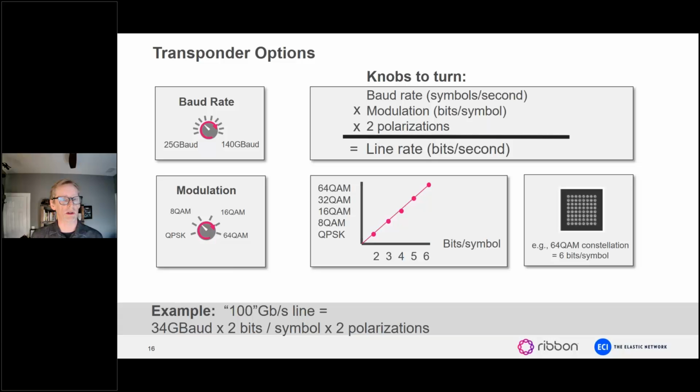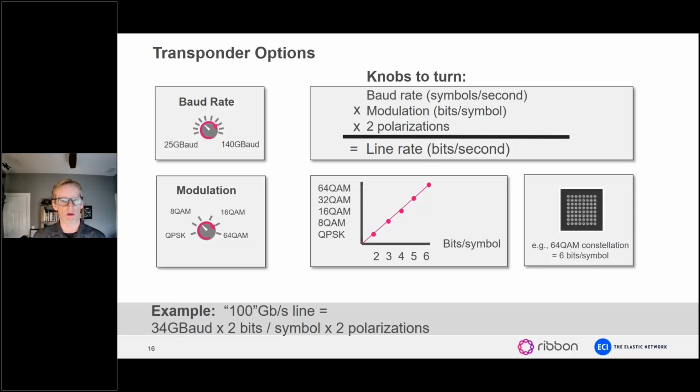Modulation's a little bit more difficult. You need to think about how many bits per symbol. So with QAM modulation, you can choose QPSK, that's actually 2 bits per symbol. 8 QAM is 3 bits per symbol, 16 QAM is 4 bits per symbol, and 32 QAM and 64 QAM are 5 and 6 bits per symbol respectively.